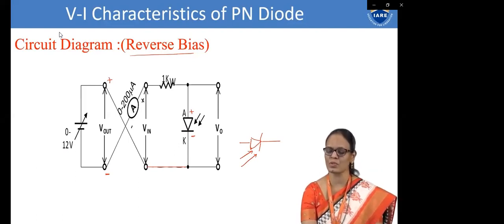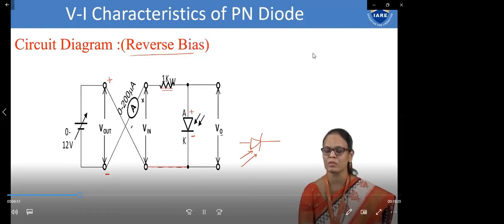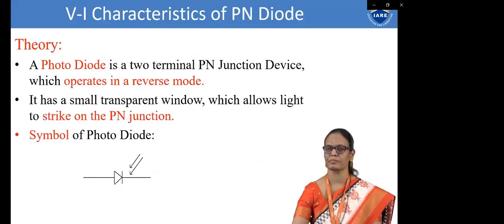This is what we call reverse bias. Now here we have an ammeter which is used to measure the current, 0 to 200 microampere, and a fixed resistance of 1 kilo ohm. Across the photodiode, we connect a voltmeter in parallel to measure the voltage. So these are the connections in the circuit diagram.